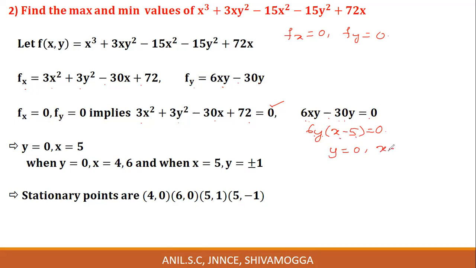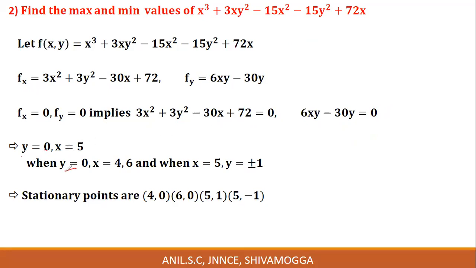X minus 5 is equal to 0 implies x is equal to 5. Now we have to substitute these two results in this equation. y is equal to 0 and x is equal to 5.